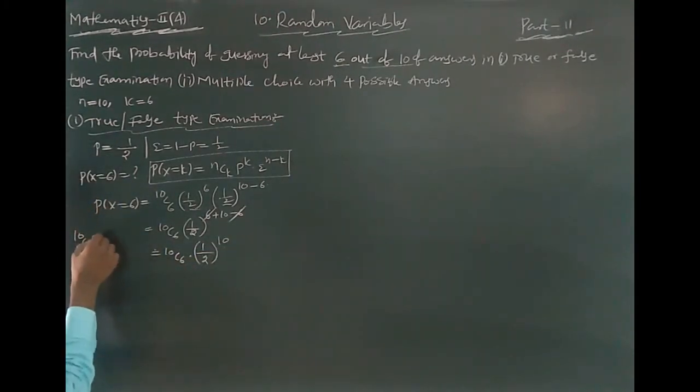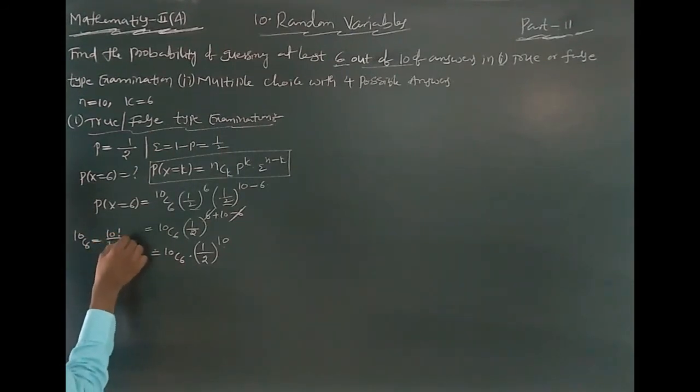10C6 is 10 factorial by 10 minus 6, that is 4 factorial into 6 factorial. 10 factorial is 10 into 9 into 8 into 7 into 6 factorial by 4 factorial, that is 24, into 6 factorial. 6 factorial cancels.